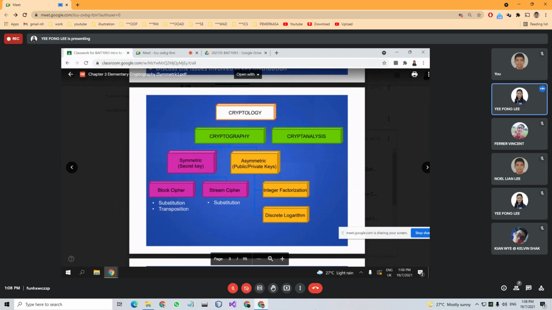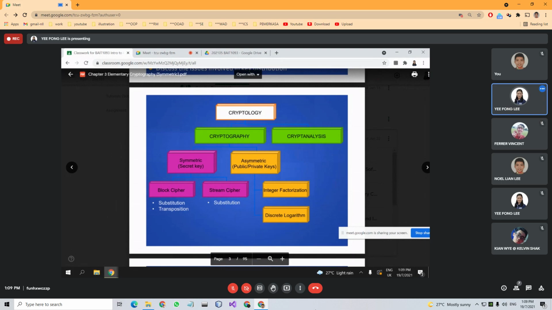So we start with cryptology. I will try to make it brief so that it will not be too deep. Cryptology is the study of code, in terms of creating the code and how to decrypt the code so that we can understand the plain text. We don't want the eavesdropper or attacker to understand our content when sending to other parties.